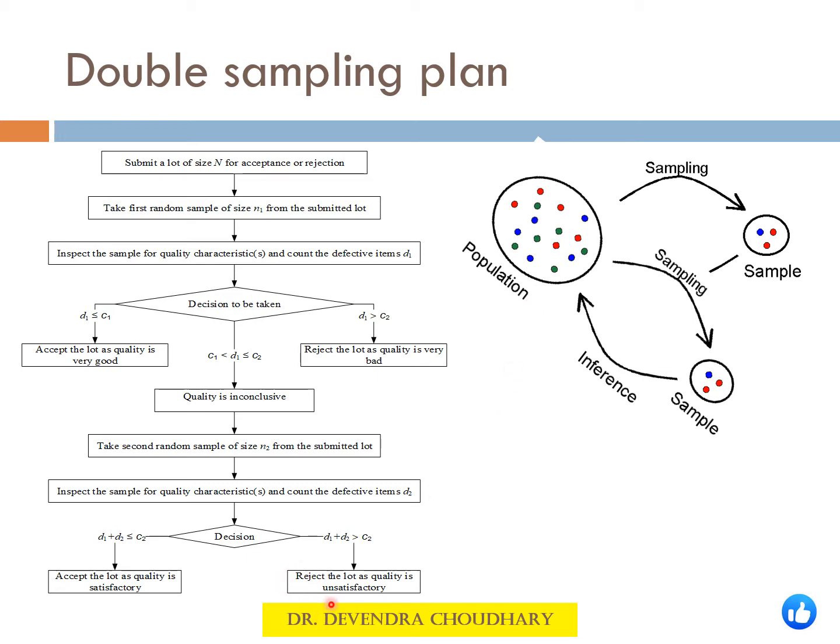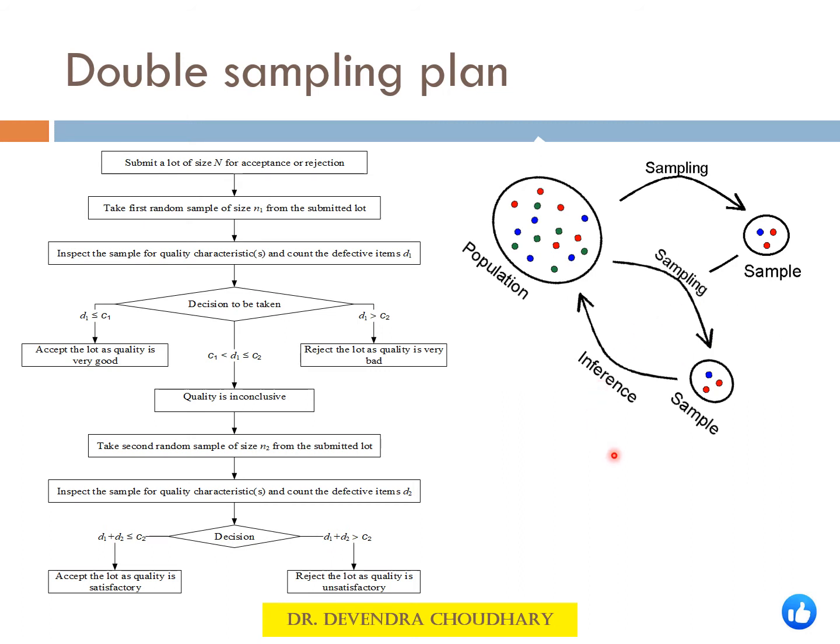Otherwise, it is rejected by the consumer. So this is the process of double sampling plan, in which the lot is either accepted or rejected based on the first sample, and if the quality is inconclusive after the first sample, then a second sample is taken.